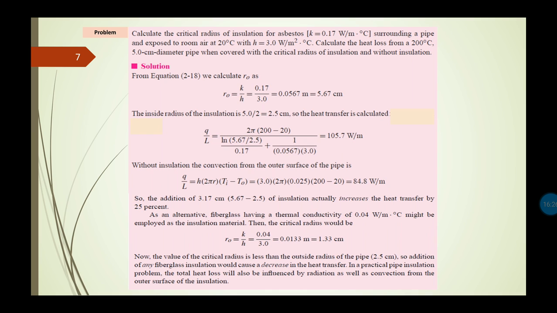In a practical pipe insulation problem, the total heat loss will also be influenced by radiation as well as convection from the outer surface of the insulation. So this is the procedure by which we can solve the problem regarding the critical radius of insulation.